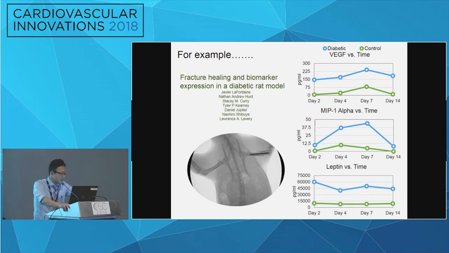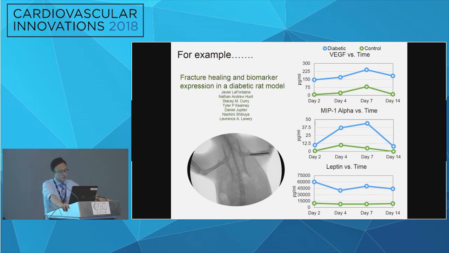So those are down-regulated, but there are a lot of other things that are up-regulated in diabetic bones. This is a study we did back at SUNY from an internal grant, and this time we used an animal model. We didn't use a human model for this study.